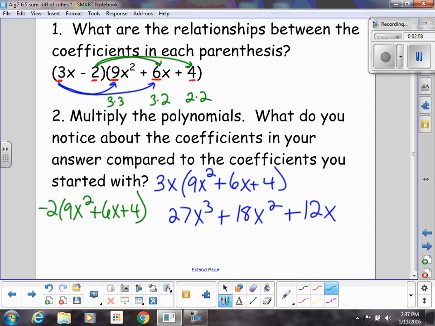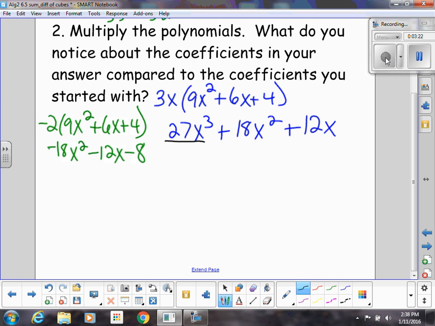Okay, so that's going to give me, sorry about that, negative 18x squared, then negative 12x, and then minus 8. So now I'm going to combine all of my like terms together. So are there any other x cubes? No, I don't see any, so I'm going to bring that down.